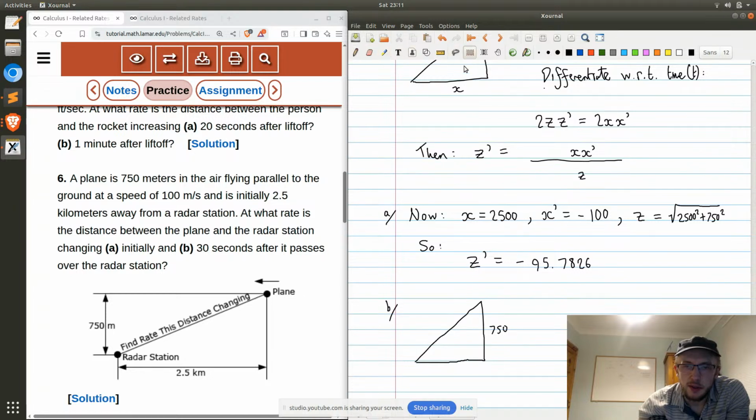No, just think of it like this. X is now just negative 500. X prime will stay the same. Z, what is Z?